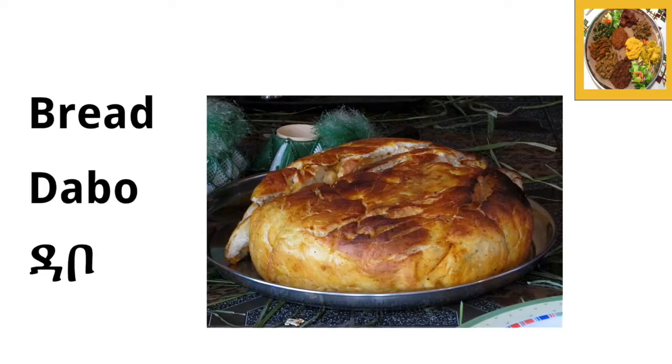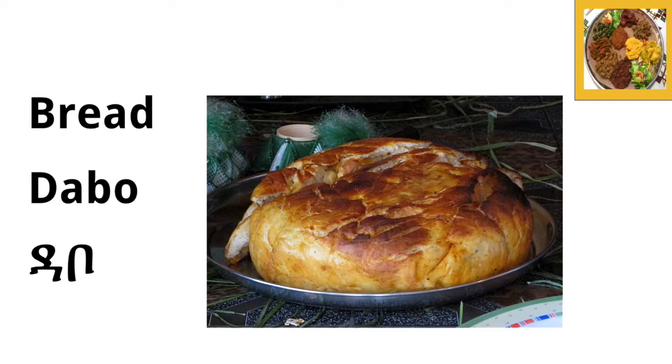So here we have some Ethiopian bread. And bread in Amharic is pronounced dabo. So it's common for, not at a restaurant, but if you're at someone's house, they would serve you your food with injera, and then maybe also on the side some dabo.